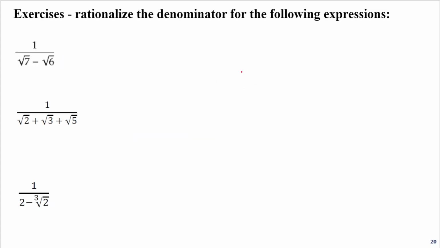Okay, next one, multiply both numerator and denominator using square root 7 plus square root 6. And this gives us 7 minus 6, right? So equals square root 7 plus square root 6. Okay, how about this one?